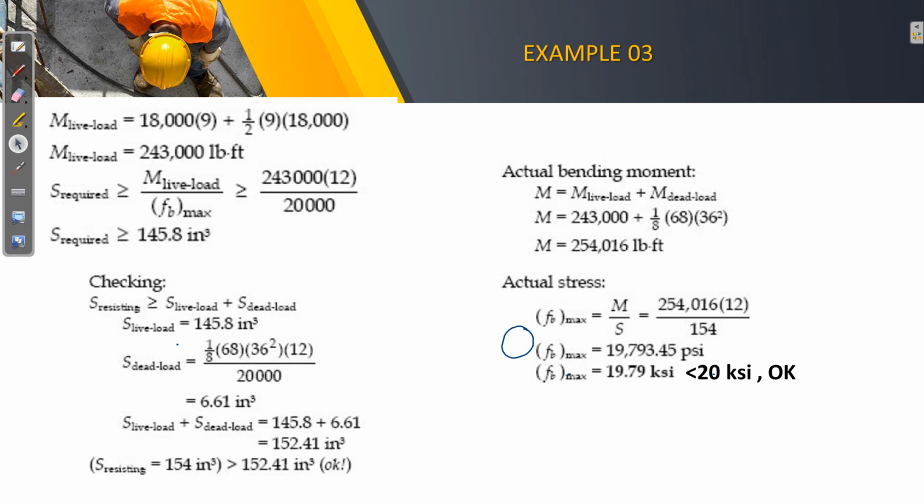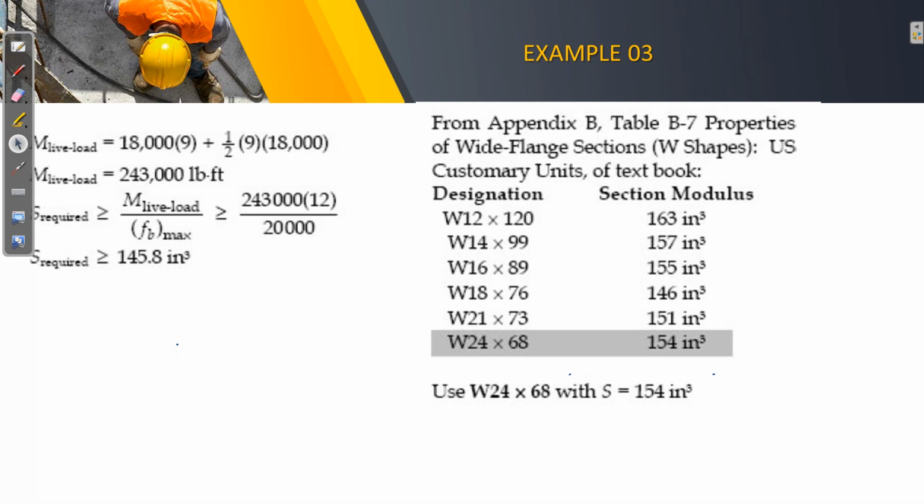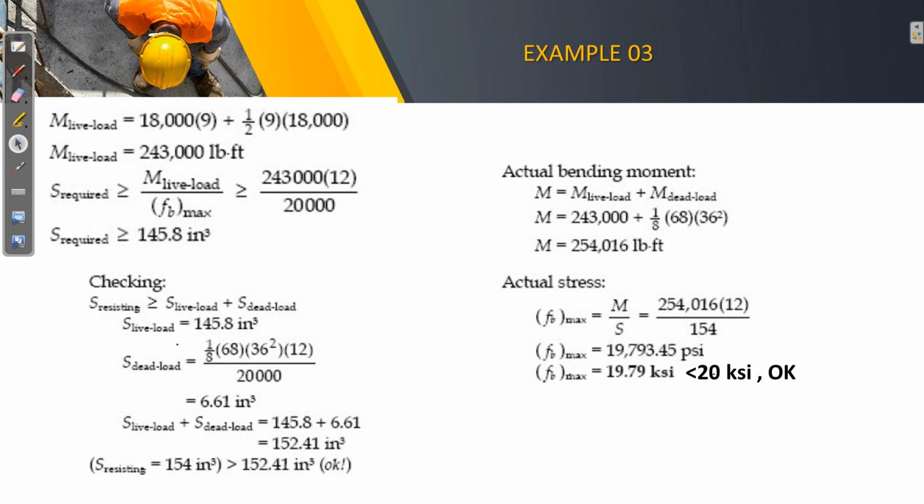So from that, we are going to check your S. Okay, adding now your section modulus caused by your dead load. So a while ago, we have already derived your 145.8 as your section modulus. This one, 145.8, caused by the live load.